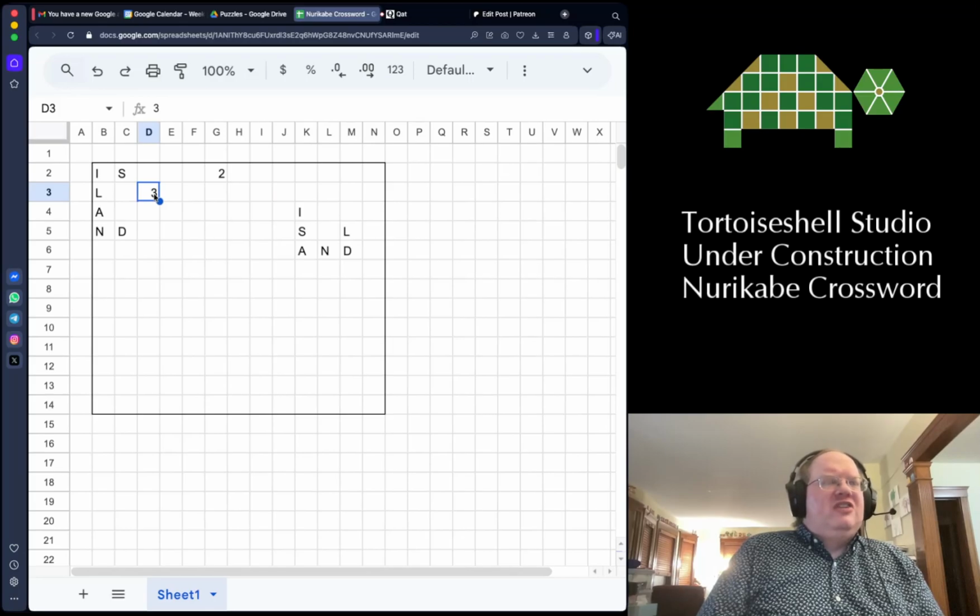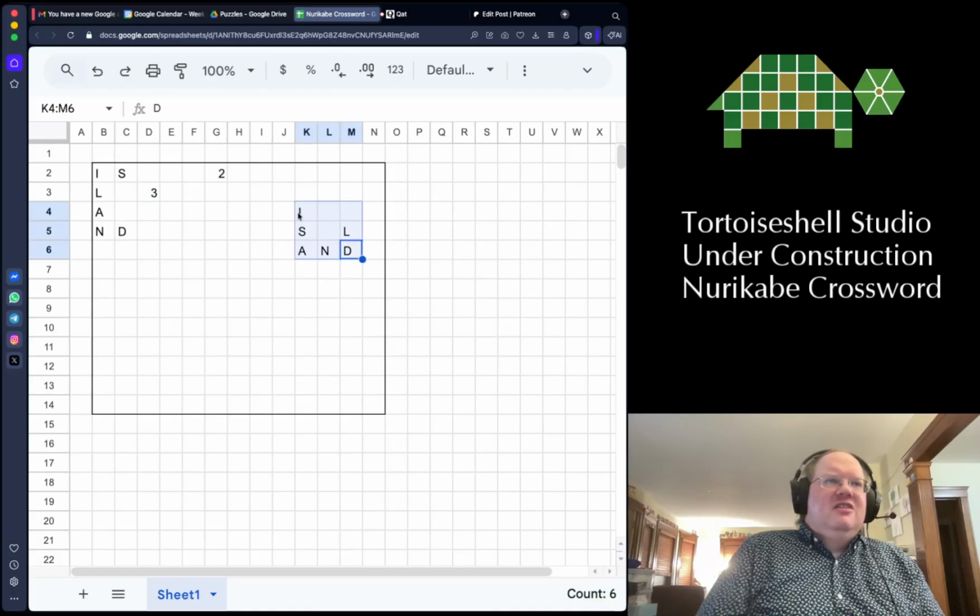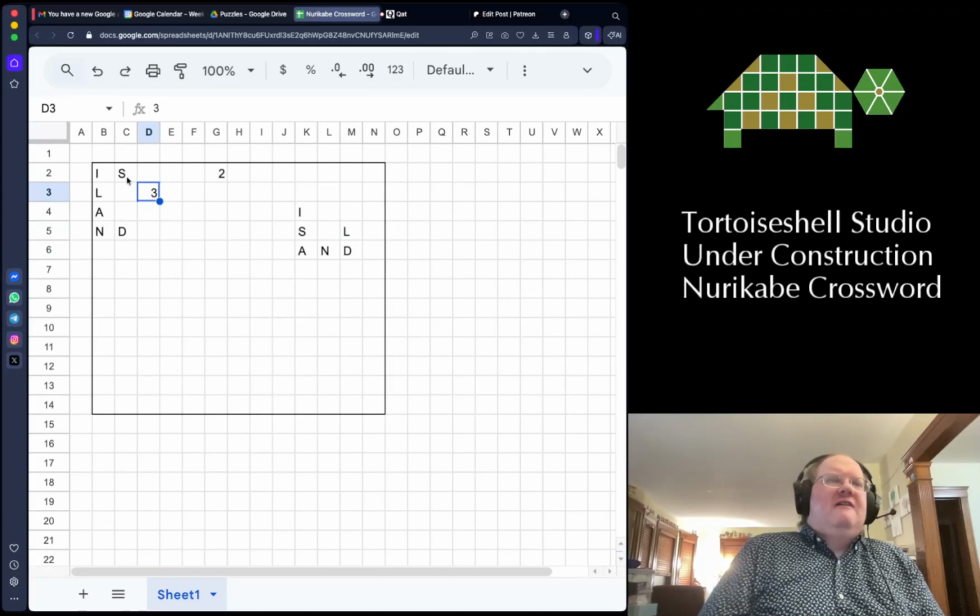The numbered square is not necessarily the place where the answer begins as well, which is tricky, but I try to at least give the beginnings of that. Because that number doesn't necessarily have to be in the upper left corner of the island.